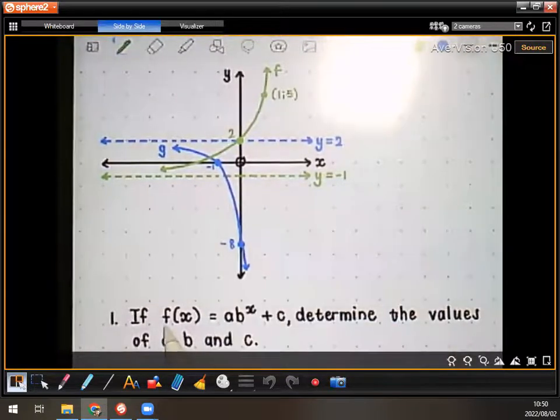I would like you just to either highlight or underline that equation that they've given me there, just as a reminder that we're going to have to try and look at the green graph.